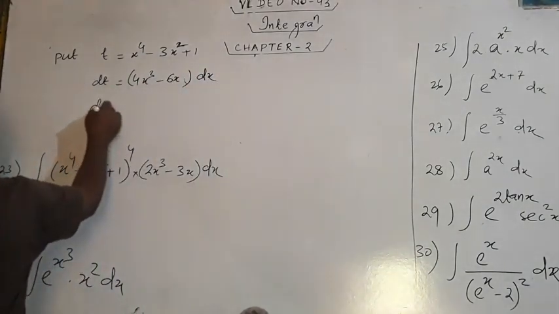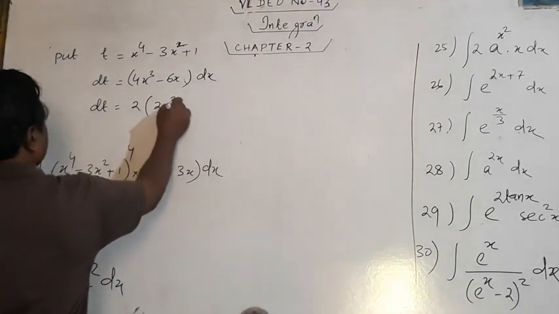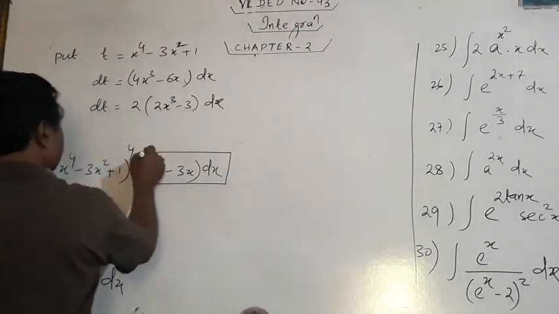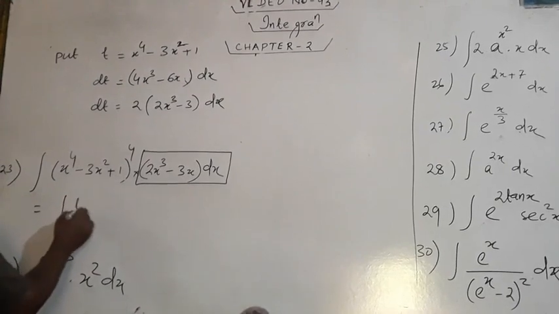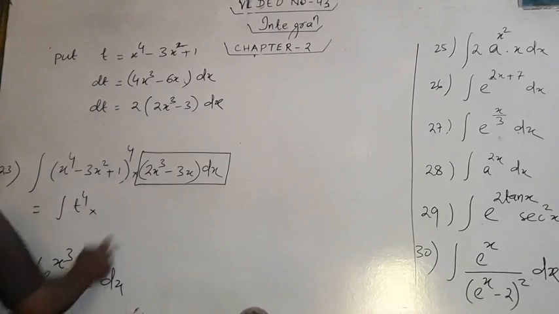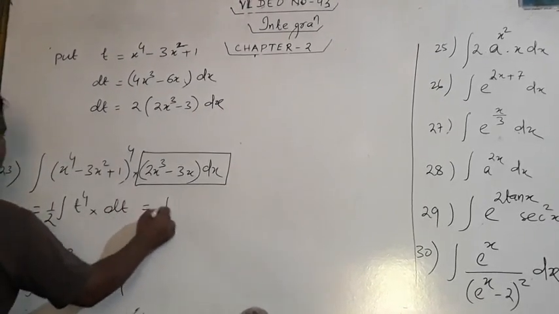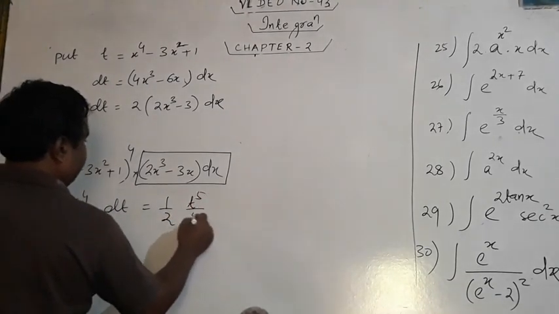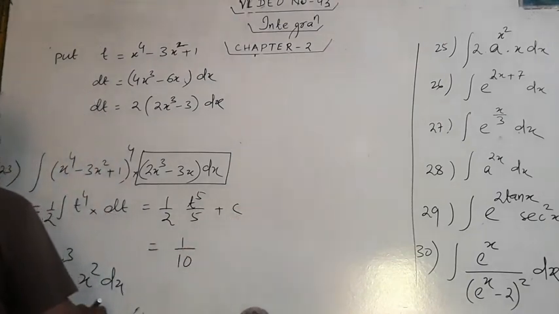Taking 2 common, it becomes 2 into (2x cube minus 3x) dx. Now in place of (2x cube minus 3x) dx we have to write what? It becomes t fourth into dt by 2. So 1 by 2 integration of t fourth dt is t fifth by 5 plus c. So it is 1 by 10 t to the power 5.